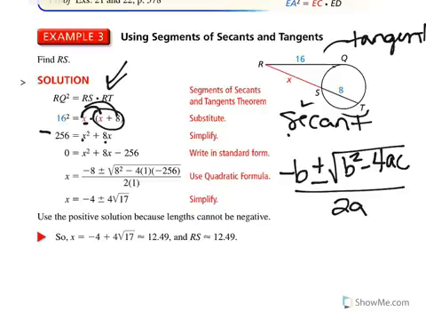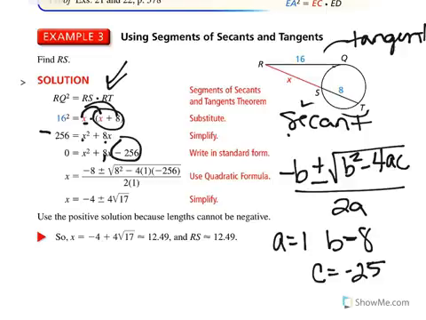A, b, and c. A is the coefficient on your x squared, so in this case it's 1. B is the coefficient on your x value, which is 8. And then c is your constant value, which is negative 256. Okay, so that's where all of these numbers come from. And then, of course, you simplify.